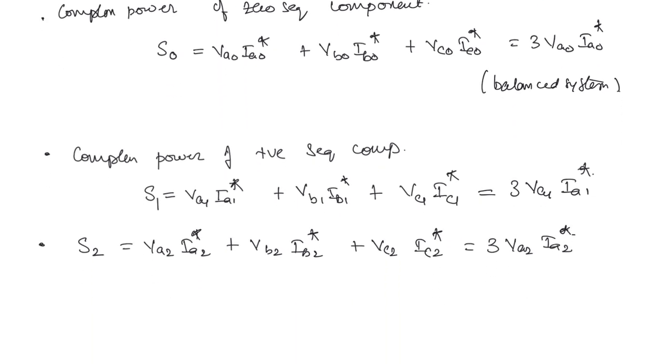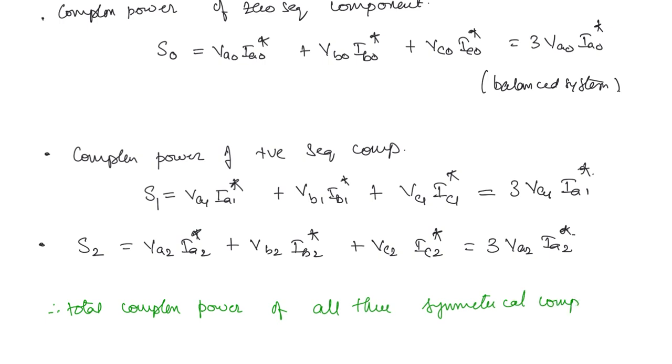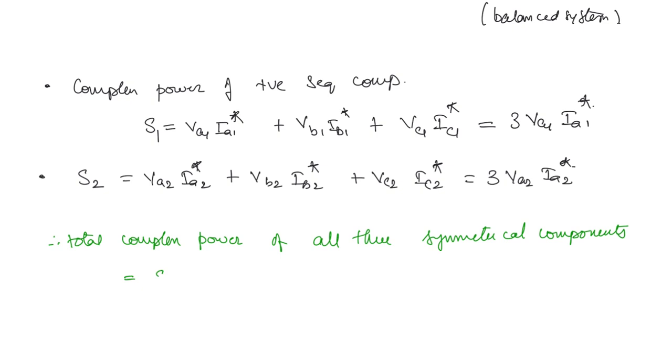Now what will be the total power of the symmetrical components? Therefore, the total complex power of all 3 symmetrical components is the zero sequence S0 plus the positive sequence plus the negative sequence.